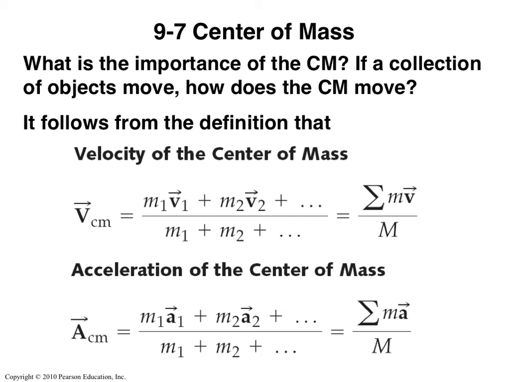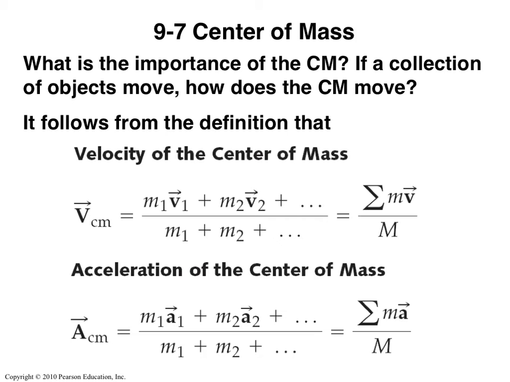If you just go back and crank, it's just from what you understand velocity to be, and you just turn the crank. You just sit down and do the algebra, and you will get this. And in a very similar way, the velocity of the center of mass can also change.